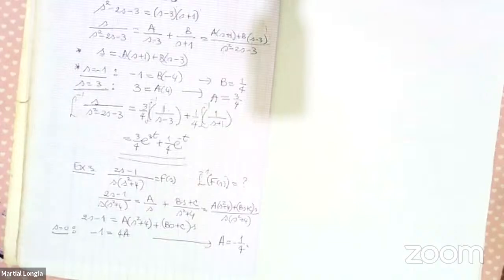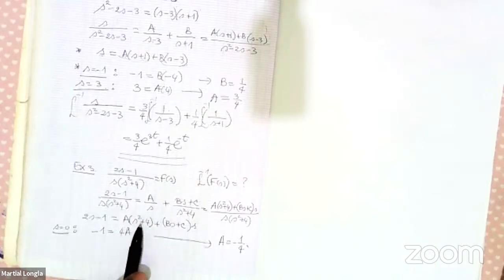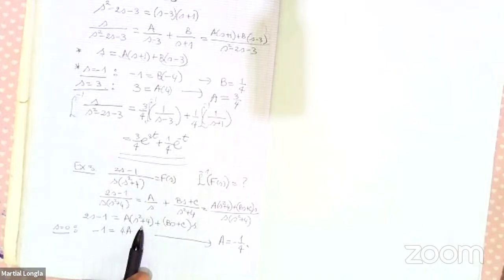So plug in the number that is going to make these other parts 0. What makes this part 0? We know that by now already in this class. These are complex numbers, right? Plus and minus 2i.